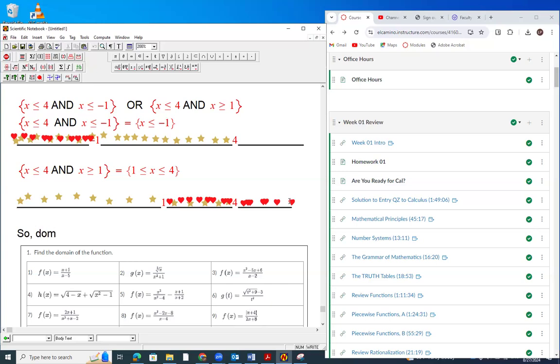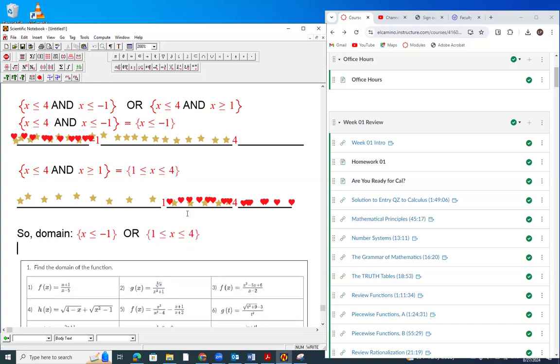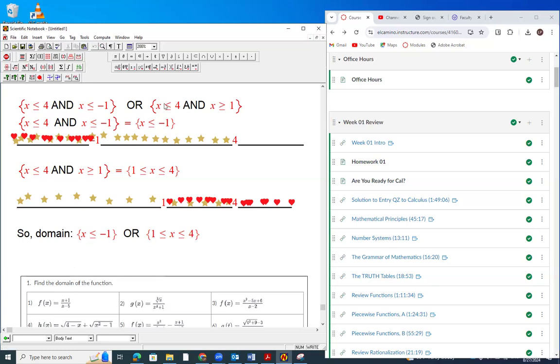So now, the final conclusion: the domain is 2 pieces. One is x less than or equal to -1. And the other piece. So we have 2 slices of numbers. If you look at the number line, the part that's qualified for domain is here is 1, and here's the 4.